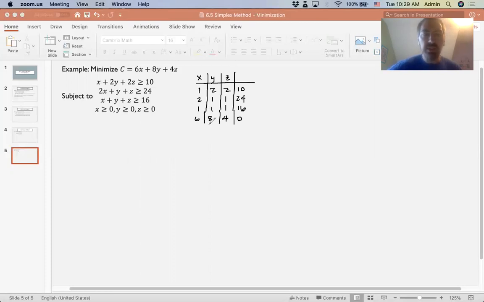Okay, so we said that we can convert this to the dual maximization problem by doing a transpose, changing these rows to become columns and changing our variables to u, v, and w.